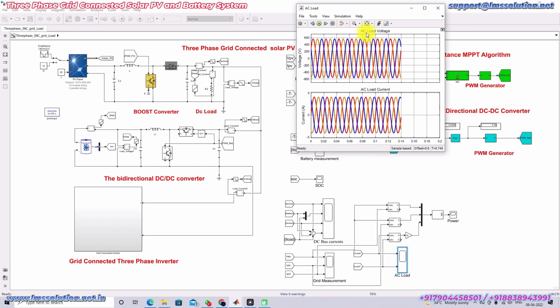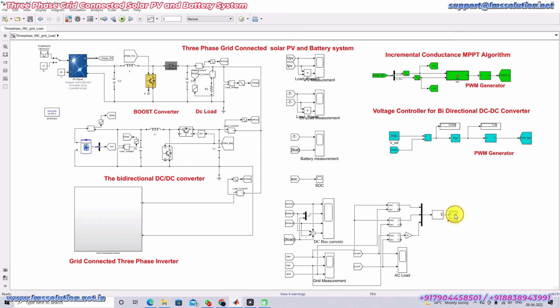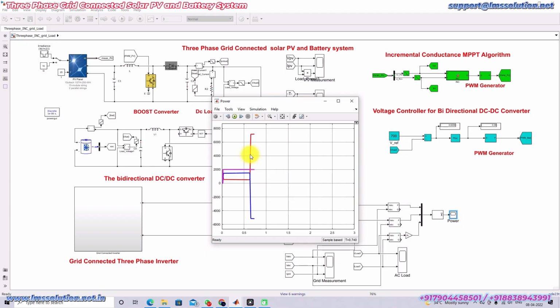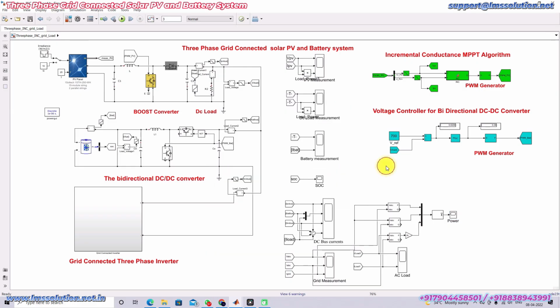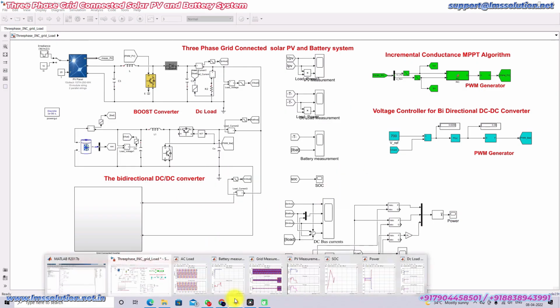This is used for measuring the AC load voltage and current, and this is used for measuring the grid power, load power and inverter power. Okay, so the red color is grid power, the pink color is load power, and the blue color is inverter power. Now I'm going to simulate this model.